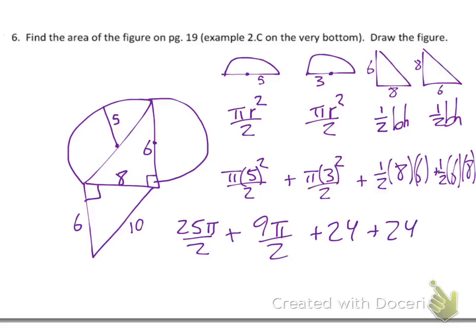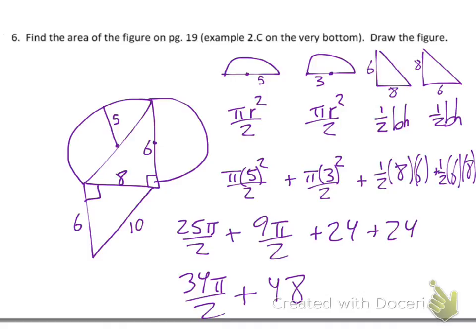Again, our answer is going to be left in terms of pi. Notice 25 pi over 2 and 9 pi over 2 are like terms. And 24 and 24 are like terms. But together, they cannot be pushed together without making decimals. So since they have a common denominator, what's 25 plus 9? 34 pi over 2 plus 48.